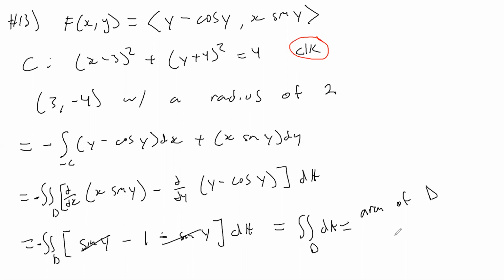Using the formula, the area is equal to pi times the radius, which we said was 2, squared. Hence the answer for this question would just be 4 pi. Okay, I think that wraps it up for 16.4.